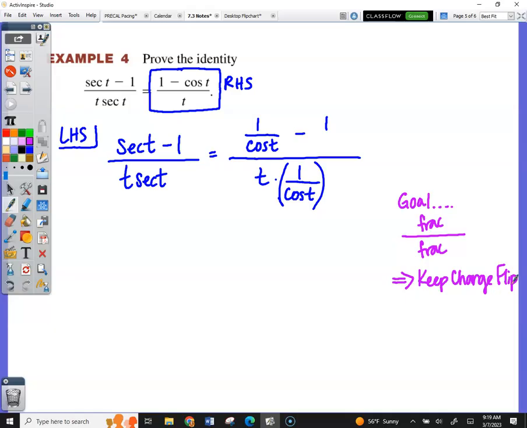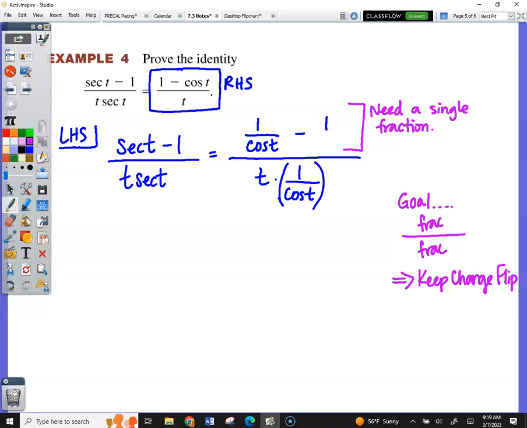All right, so that's the goal, is to have just a fraction all over another fraction so that we can keep, change, flip, and get rid of these redundant fractions. I can't do that until I have a single fraction in the top. So that tells me we need a single fraction here. So that means we're going to have to get a common denominator.